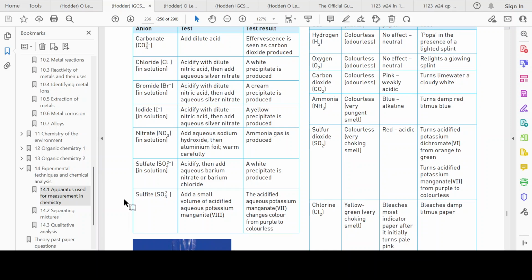If there's sulfite, you add a small volume of acidified aqueous potassium manganate(VII), KMnO4. The acidified aqueous potassium manganate changes color from purple to colorless, so it is reduced. The sulfite is oxidized to sulfate.